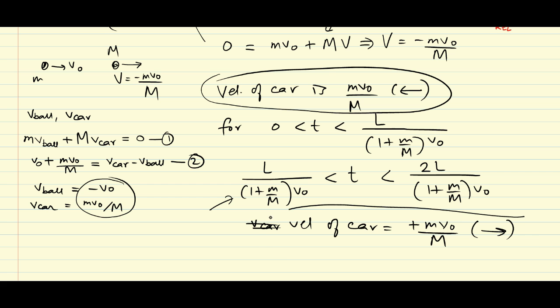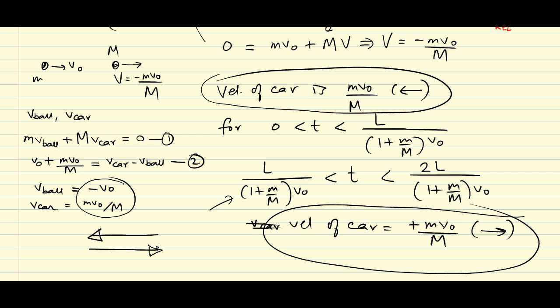For the second time interval it's traveling rightward at the same velocity, and the magnitudes of the velocities are the same, but they are opposite in direction, and the time intervals are also the same. So it basically means that the car travels left first and then it travels right, and the displacement of the car finally is going to be equal to 0. That's when the second collision occurs.